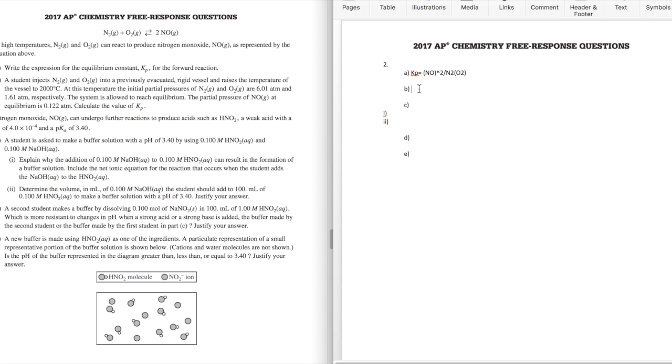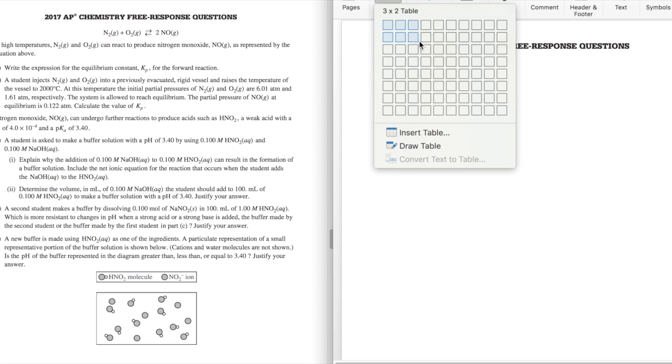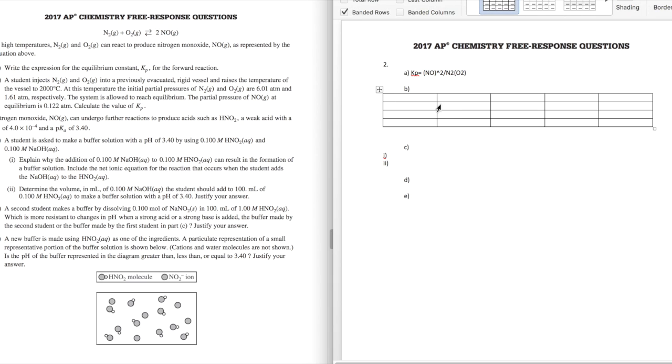So what we're basically doing is changing some of these conditions here. We have to make an ICE diagram to solve this problem. All right, so let's create a table, let's say about that large, and let us write ICE.